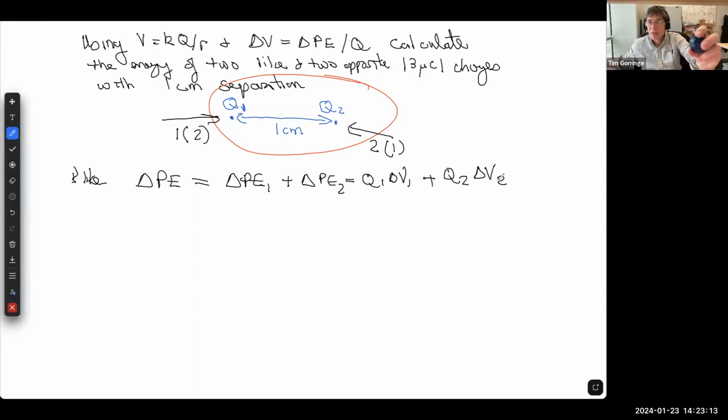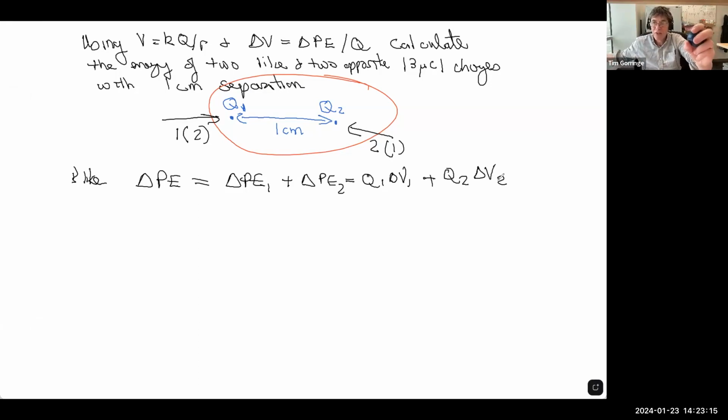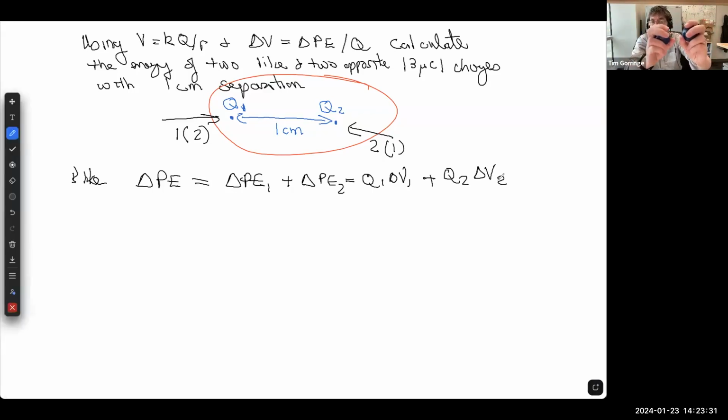What about the second charge? Second charge is far away right now. It's over here on the right. And I'm going to bring that in and put it near the first charge. What is the change in potential, delta V2, for that second charge? That's not 0. It was at 0, and now I brought it in close to the first charge.